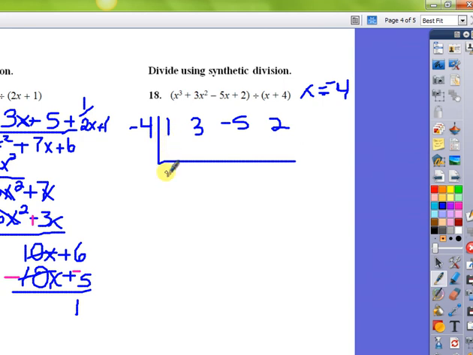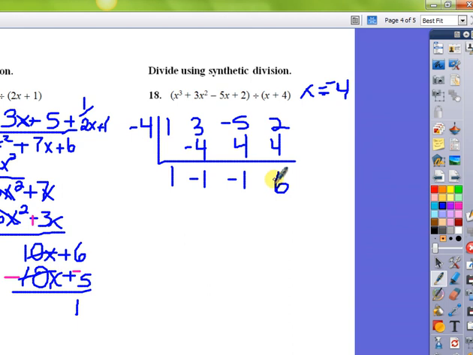In synthetic division, remember, we always drop down the first number, and we start multiplying. We get a -4, and then adding, we get a -1. We repeat that process. -4 times -1 is +4. Add these together, we get another -1. -4 times -1 is +4. We add these together and we have 6.